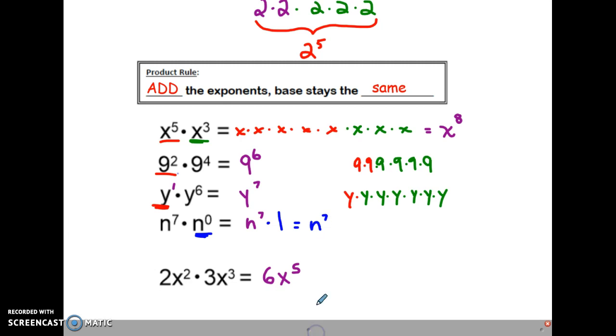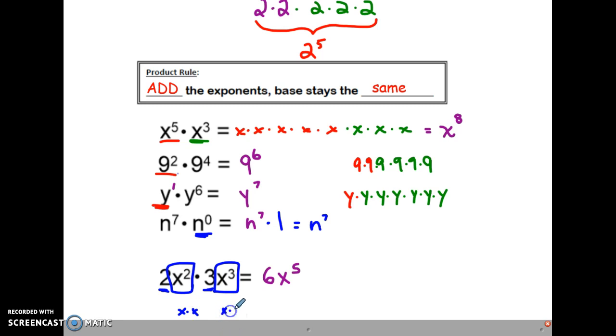Now the last one is similar to what you'll see next year in algebra. In algebra, you not only have letters with exponents, but sometimes you'll have this number out front called a coefficient. Coefficients get multiplied together just like they always have. 2 times 3 is 6. The variables that have the exponent, and again, this exponent is only attached to the x's. We have x squared, which you know looks like this, and then we have x cubed over here.